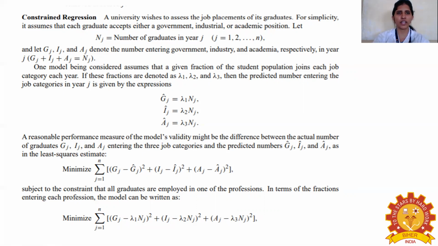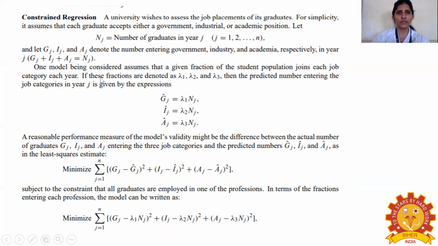Okay, so let Nj denote the number of graduates in the year j, where j is 1, 2 to n, and let gj, ij and aj denote the number entering government, industry and academia respectively in the year j. So we'll have gj plus ij plus aj equal to the total number of graduates in the first year or second year or n number of years.